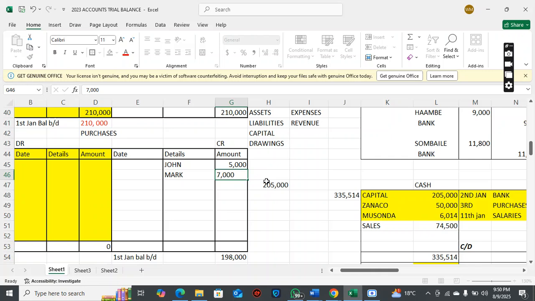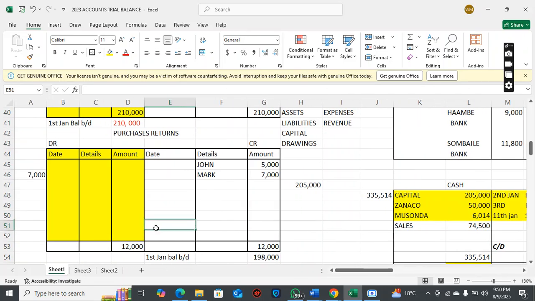At the end of the year, you want to set this account to zero. This is now the purchases returns account, right? You just get the total, 5,000 plus 7,000, 12,000. You put the amount on both sides, 12,000, 12,000.